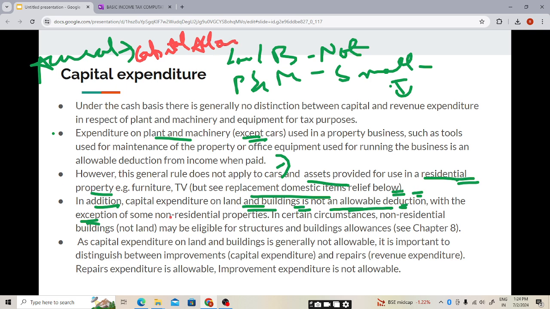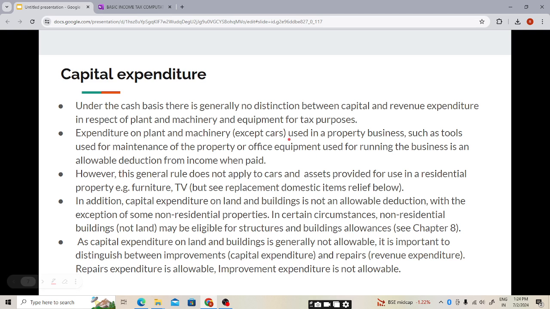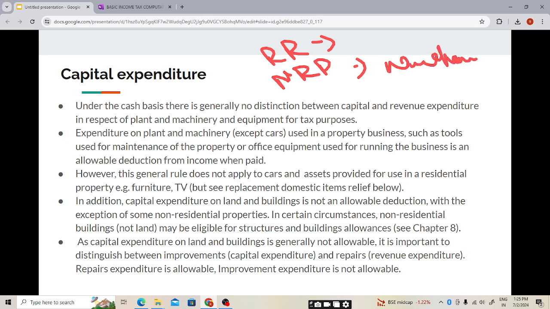What are the exceptions for some non-residential property? Non-residential property like office and warehouse are different. In certain circumstances, non-residential buildings, not land, may be eligible for structures and buildings allowances. As we have seen, there is residential property and non-residential property, such as warehouses and offices. For residential property, capital expenditure on land and building is disallowed.